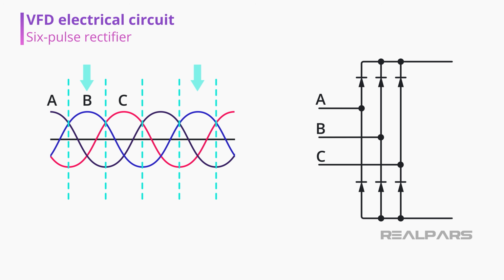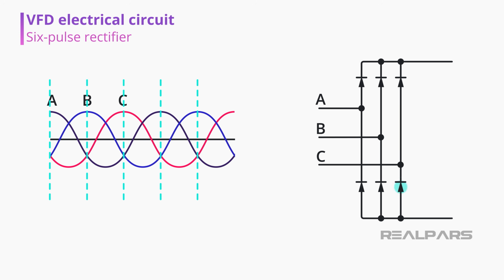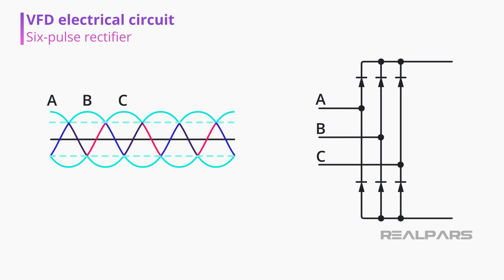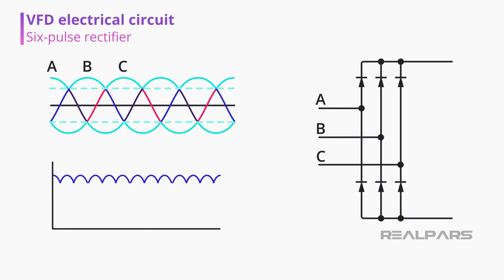When phase B becomes greater than phase A, then it is phase B diode that opens, while phase A diode is closed. And the same is true for C, as well as for the 3 diodes on the negative side of the bus. That results in 6 pulses of currents as each diode opens and closes. The resultant waveform will look like this.